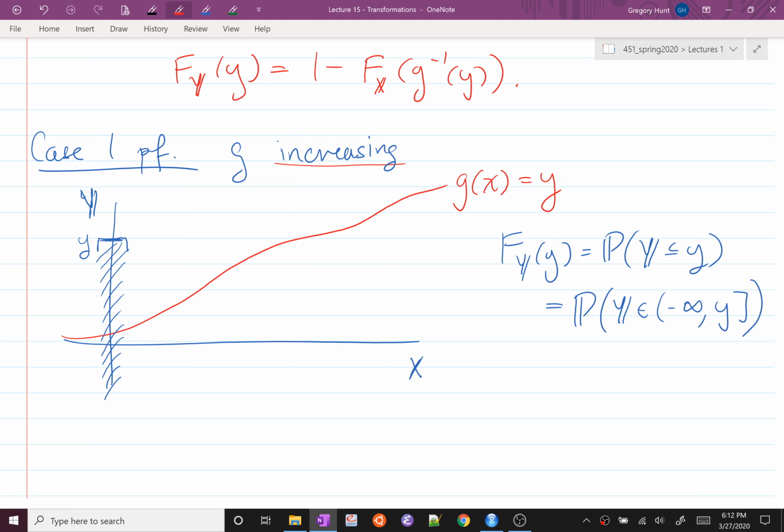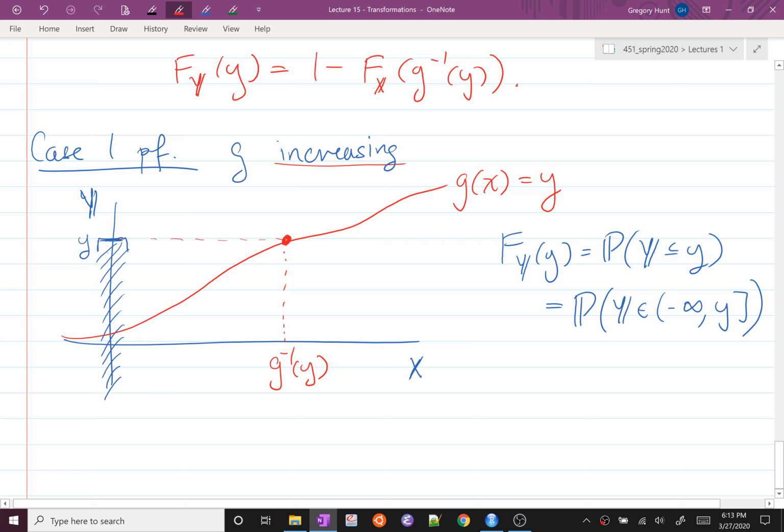And if I extend my little y over to my function, there's going to be some value over here that when I plug it into my function gives me y. What's that value? That value is exactly g inverse of y. If I plug g inverse of y into g, it gives me back y. g of g inverse of y gives me y.